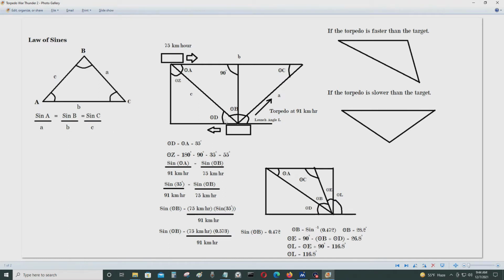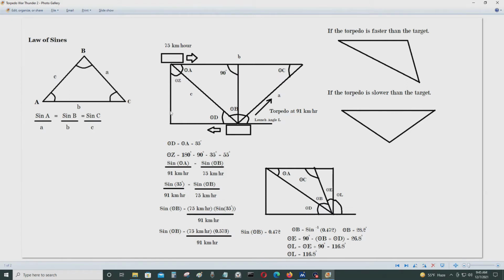Let's say I know the angle from my ship to the enemy ship, and I form a right angle, and let's say that is 35 degrees, right? So theta B should be equal to theta A, and that's 35 degrees, but you could prove that easily.